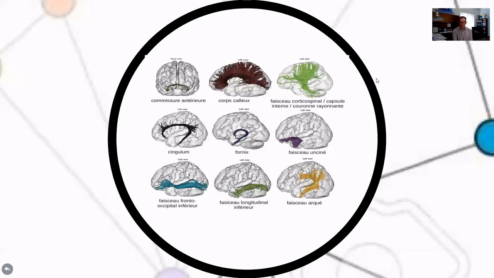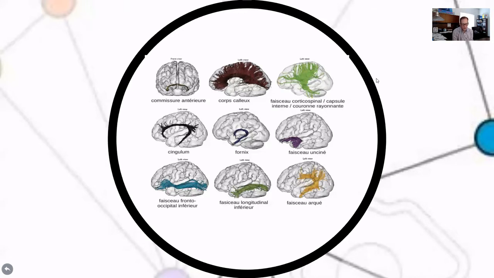This is the greatest degree of white matter tracts in the brain, and it connects the left and right cerebral hemispheres. The internal capsule on the upper right-hand corner in green goes all the way from the motor cortex down through the basal ganglia into the brainstem and cerebellum, and is responsible for motor function within the brain.